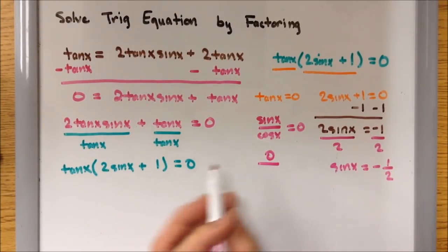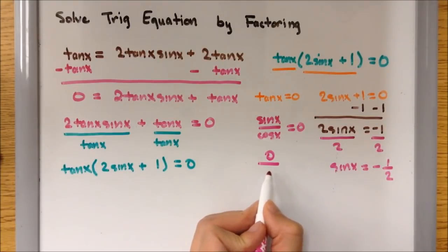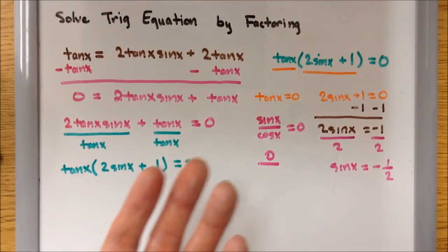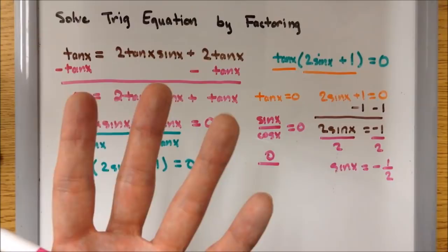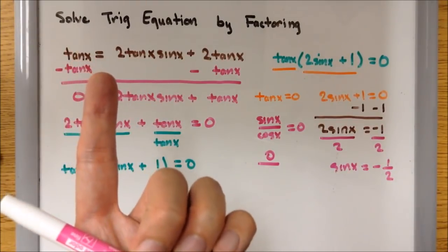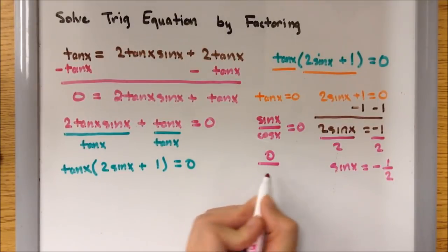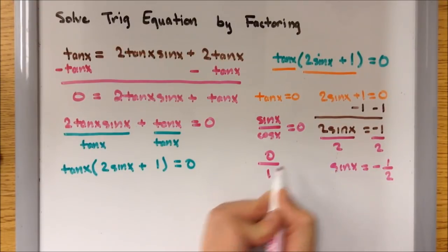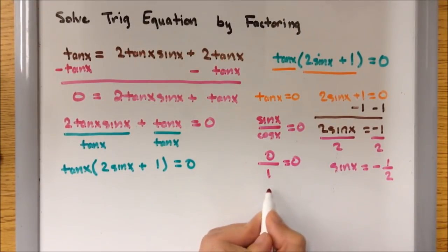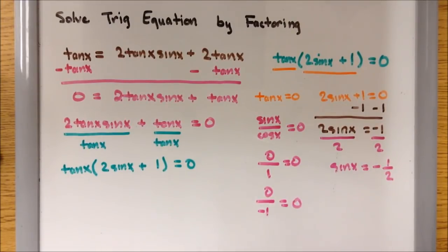And then the bottom part can only be, looking at my unit circle, each of the 4 exact values that I have: 0, positive 1, and negative 1. So if it's 0 on the top, and cosine of x is positive 1, that will equal 0. And if it's 0 over negative 1, that will also equal 0.